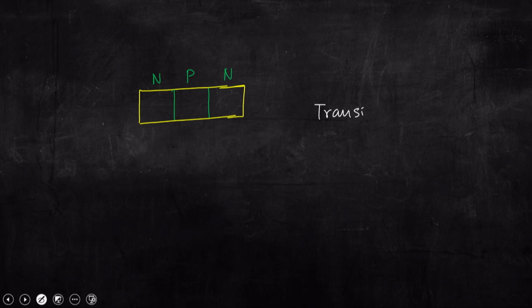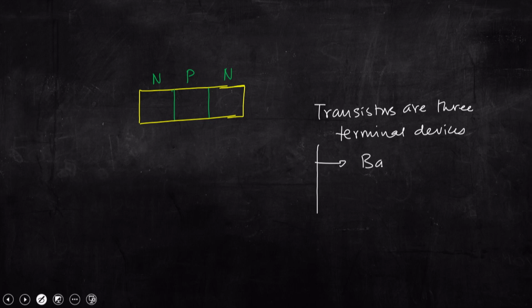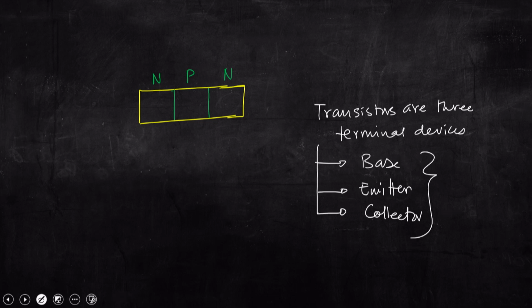Now, this transistors, as I said, are 3 terminal devices. 3 terminals are base, emitter and collector. So, these 3 terminals are there.